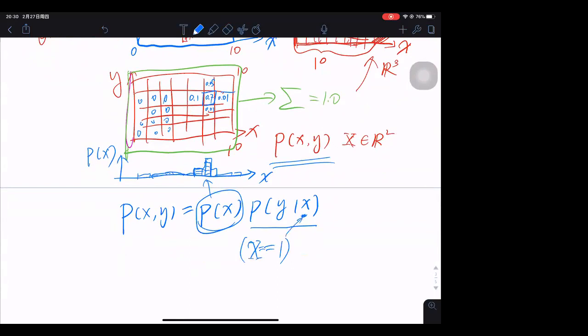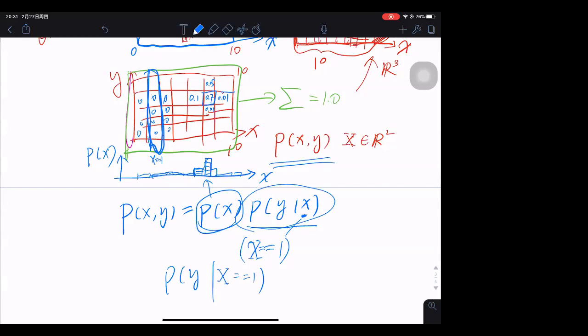So that means I will take out one of the columns, right? Sorry, it's not a row, it's a column. I take out where x equals 1. I look at the distribution of y given this x equal to 1.